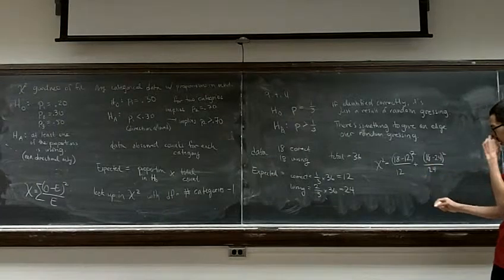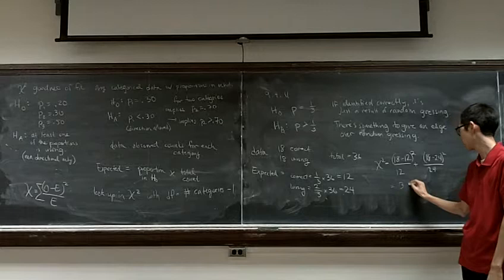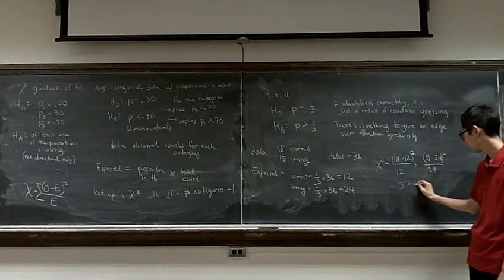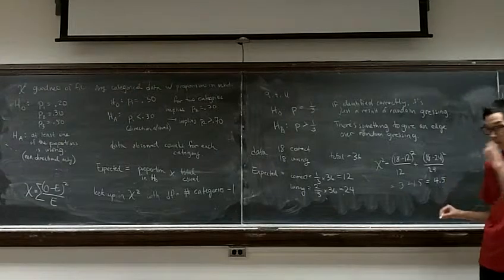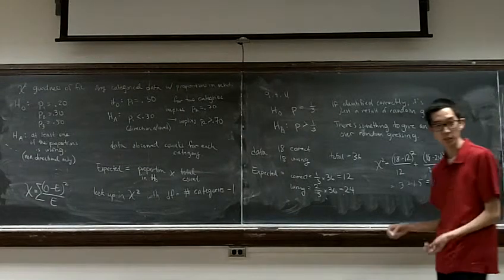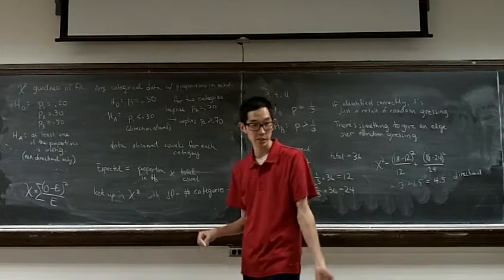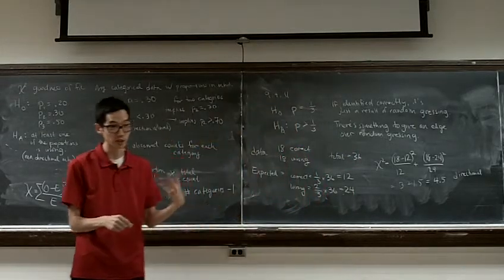So this is 36 over 12, so you get 3, plus 36 over 24, 1.5. You get a chi-squared statistic of 4.5. This is one tail, so this is directional. And I would look that up in the table, and I would divide my tail area in 2 because the table gives me non-directional.